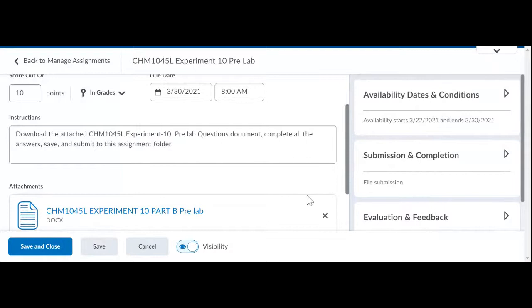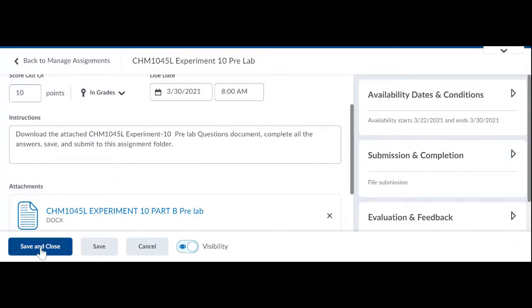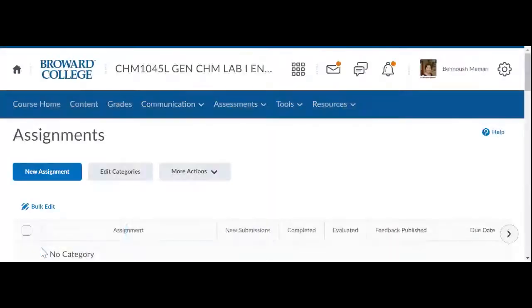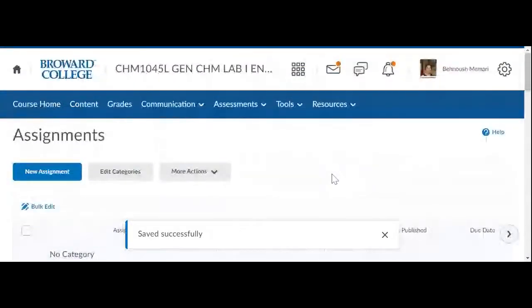Okay, so if you can please refresh the assignment folder, see if you can see the attachment.